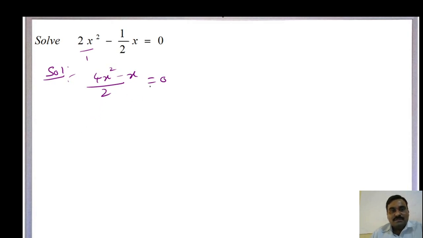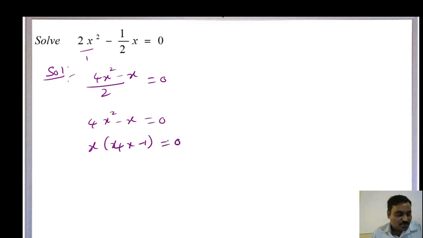So by cross multiplication, we get here 4x square minus x is equal to 0. Now we did not get any trinomial; we got only a binomial here. In this case, no need to go for the splitting of the trinomial. Here we can take the common factors out. In both the terms, x is common. So x into 4x minus 1 is equal to 0 we get.